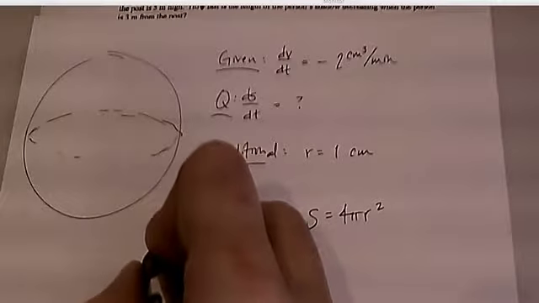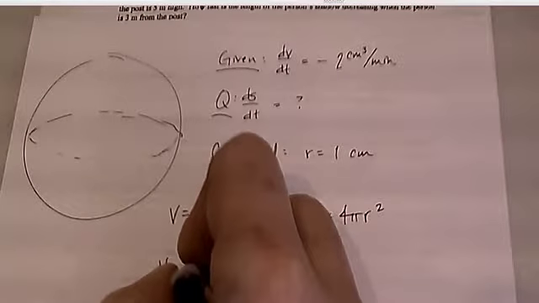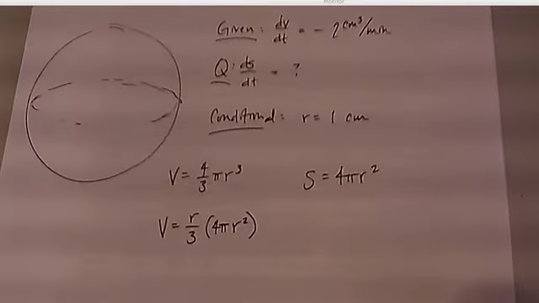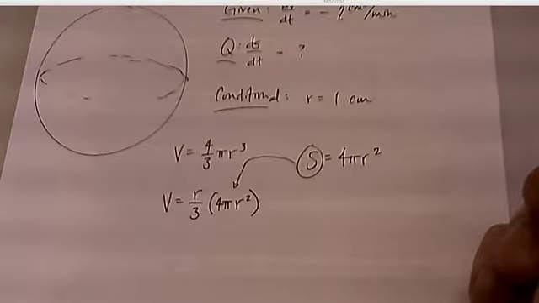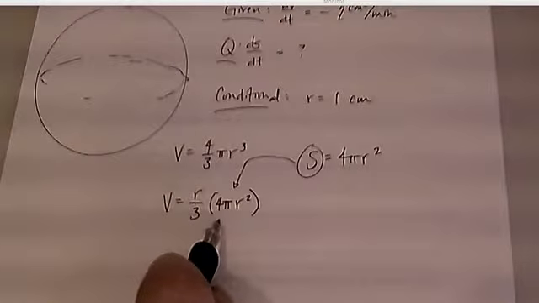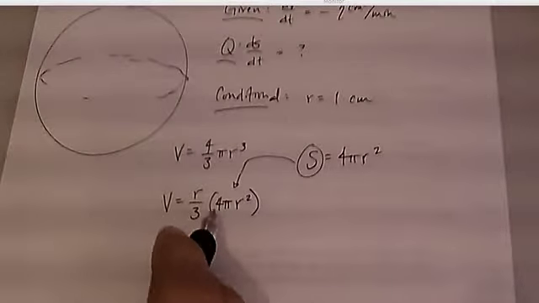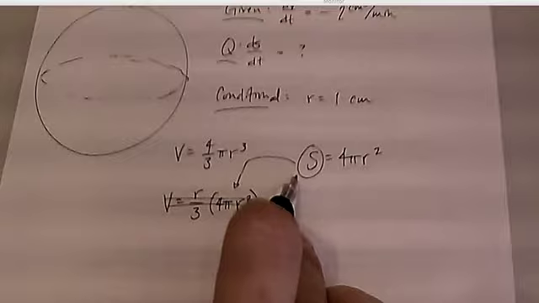I could rewrite this as volume is equal to r over 3 times 4 pi r squared, and substitute S in there. But that winds up taking it from 2 variables to 3 variables, and I wouldn't do that if I were you. I wouldn't put volume in terms of surface area.